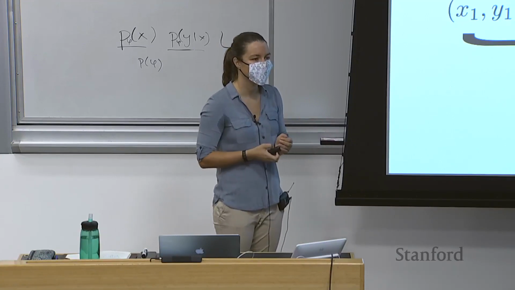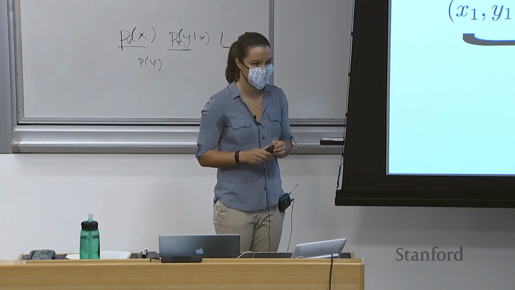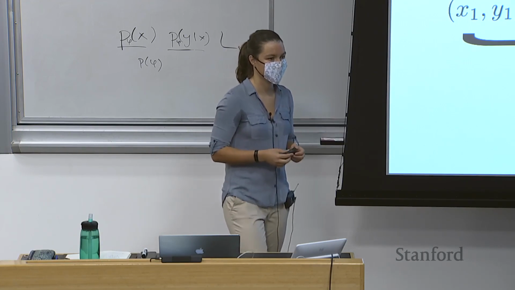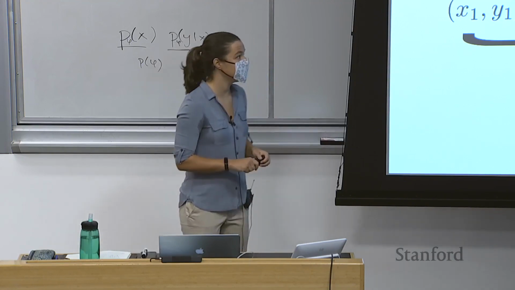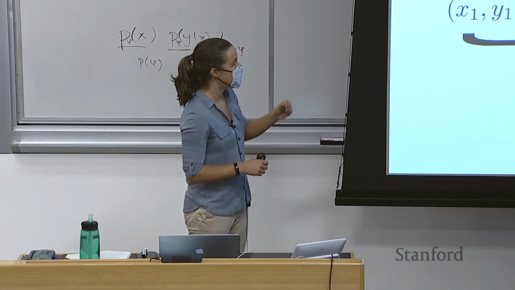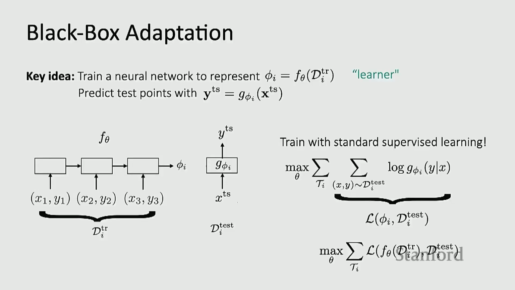I realized that you subscript with parameter phi, so does it mean you would have to individually train a parameter phi for each task, or can you amortize the weights? Yeah, that's a great question. So i here is indexing the different tasks, and phi i you could actually think of more as an activation of this network rather than as a parameter or as weights.